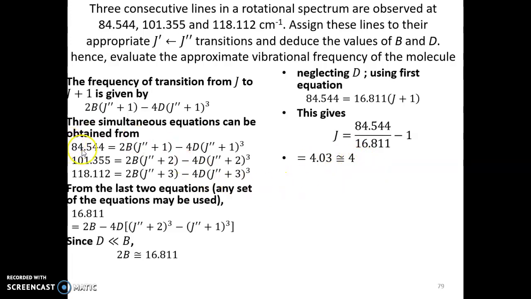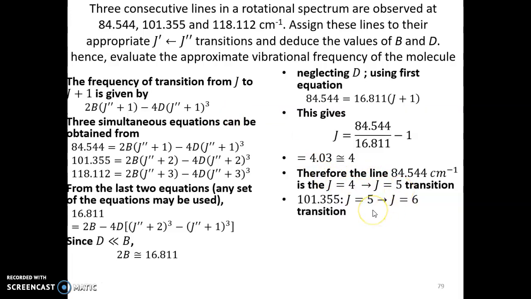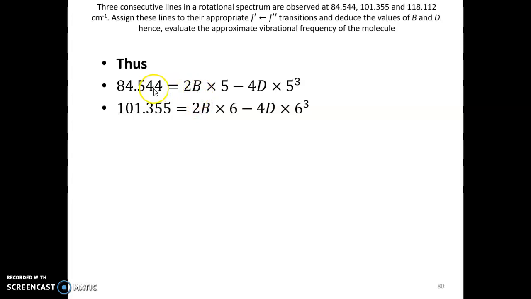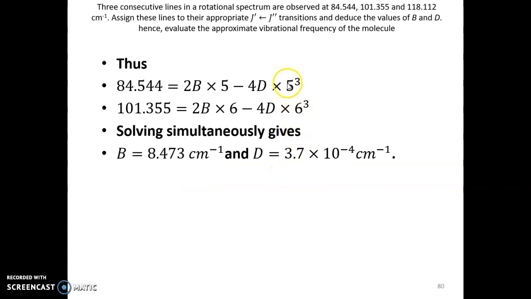That means the transitions that we see are a transition from state 4 to 5, this is from state 5 to 6, and this from 6 to 7. So we can now calculate the accurate value for 2B by returning to the equation and solving simultaneously, because we've now eliminated J. This gives B equals 8.437 and D equals 435.